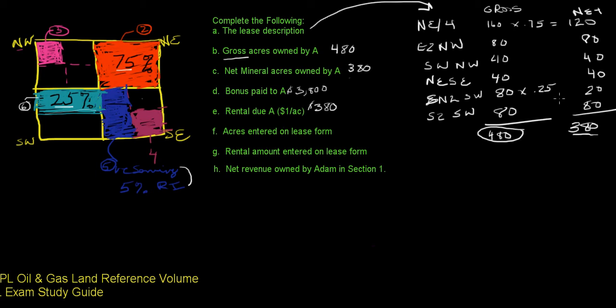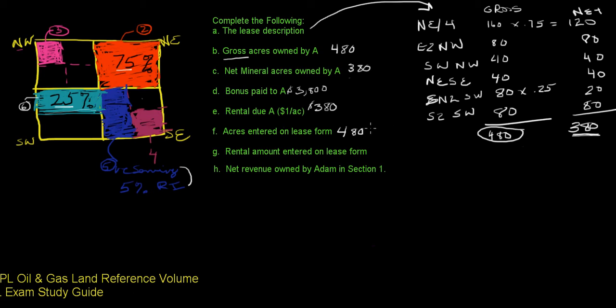And sometimes when we're doing this really quickly, we're not positive. We'd really like to go back and figure out where they own 75% and where they own 25%. We've done the best we could, but we'd really rather wait for an attorney to come along and tell us what the net acres are. So for the lease itself, we're going to put 480 acres.